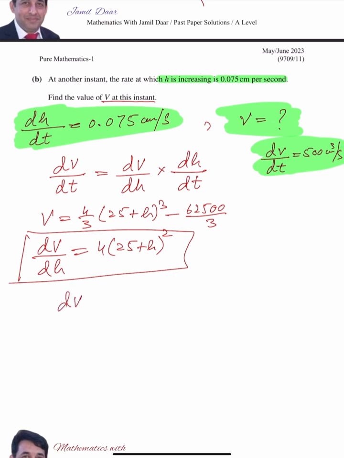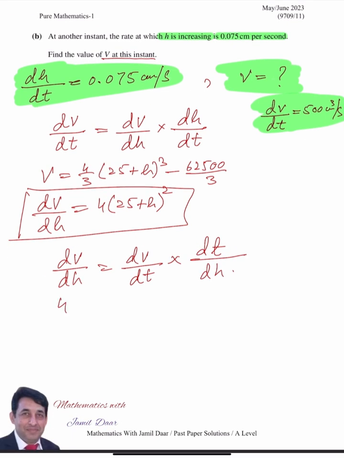So dv over dh is equal to dv over dt into dt over dh. So dv over dh is 4 into (25 plus h) whole square, equal to dv over dt, which is 500, into dt over dh, which is 1 over 0.075, the reciprocal of dh over dt.